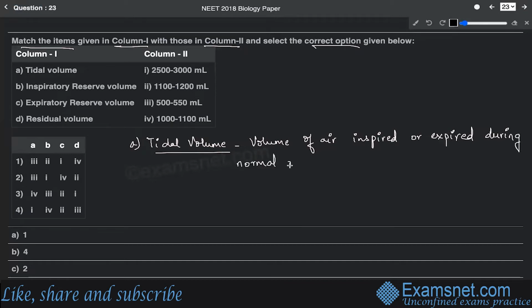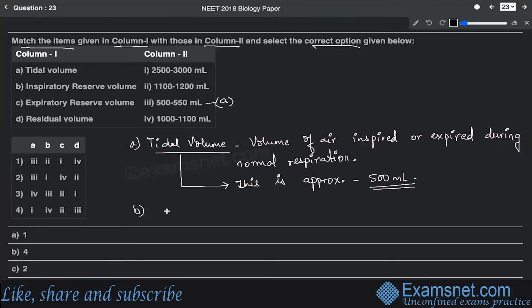So during normal respiration, the capacity of this tidal volume is approximately 500 ml. All right, so this is the case. That means tidal volume is going to match with this one.